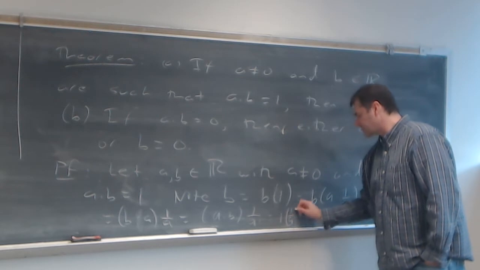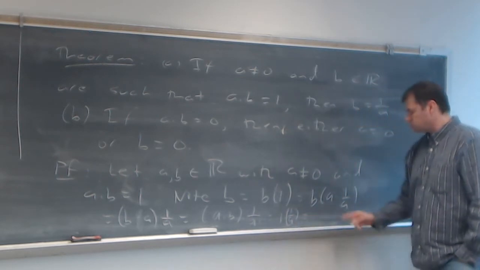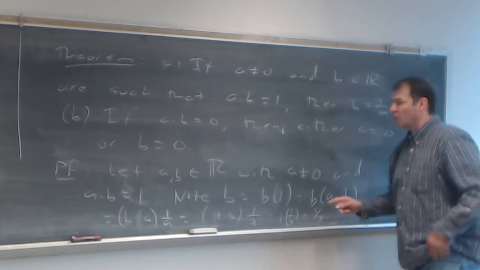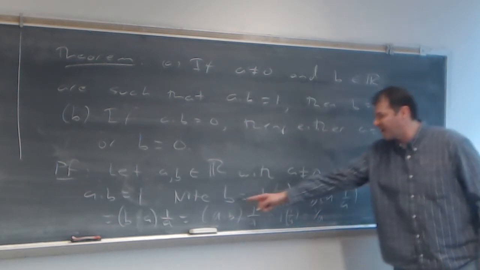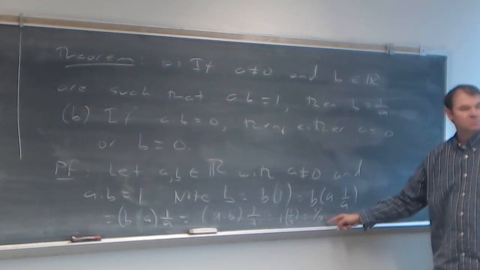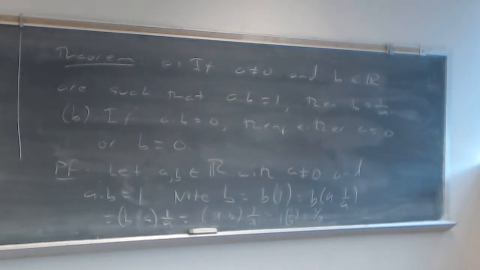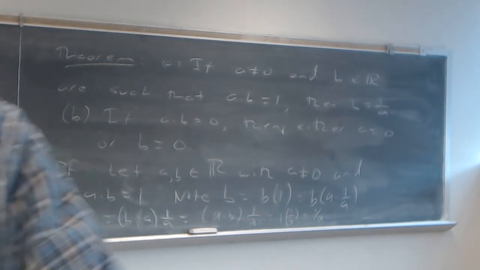So we have 1 times 1 over A. Well, 1 times 1 over A is 1 over A. And so I'll make a concluding statement: what we found is B is equal to 1 over A. And that's what we wanted to show. Let me write that down here. So what we're saying here is that B is equal to 1 over A, and that concludes the first part of this theorem.